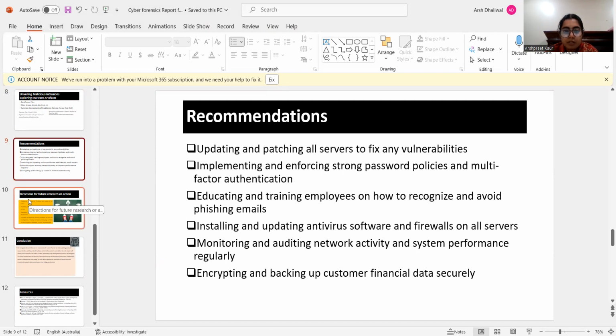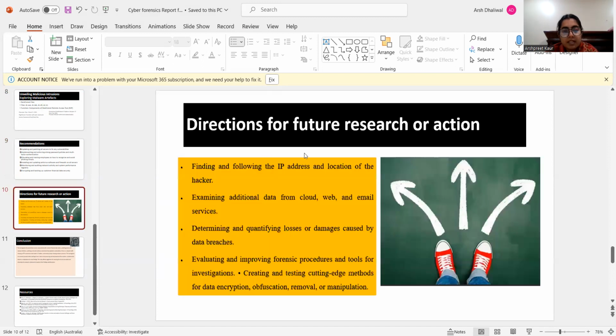We have to arrange training for the employees on how we can protect our data and use strong policies.